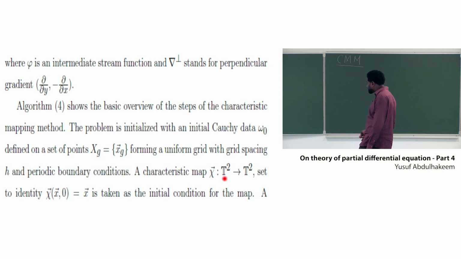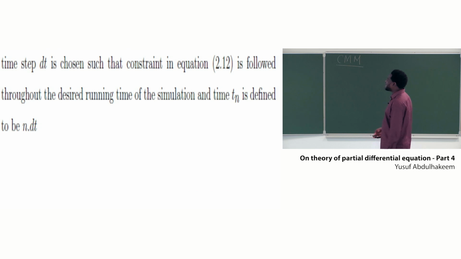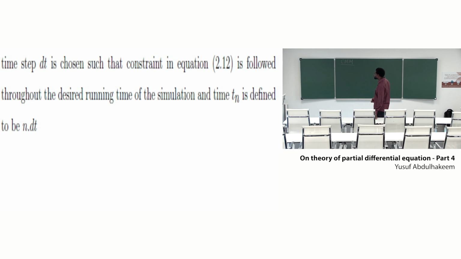So a characteristic map of this set to identity, that is, X(x, 0) equals x, is taken as the initial condition for the map. This is what we assume to be the initial condition, an identity map. A time step dt is chosen such that the constraint in equation 2.12 is followed throughout the desired running time of the simulation, and time t_n is defined to be n times dt.